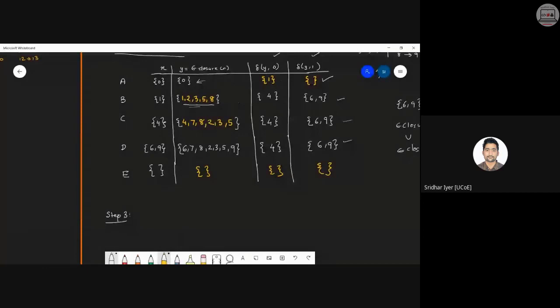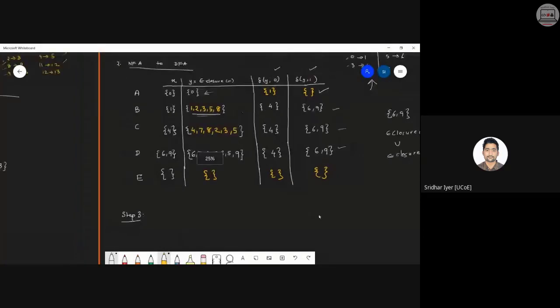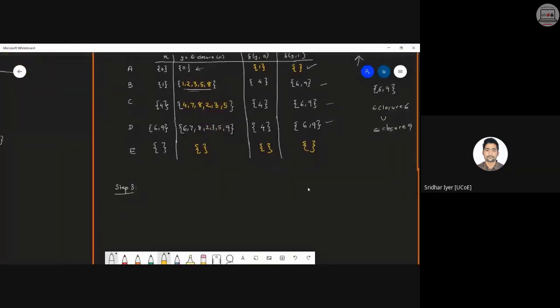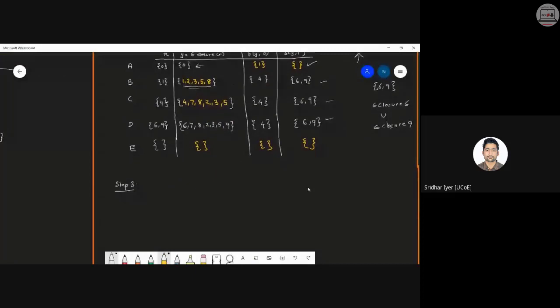I'm simply assigning some characters, or I can say some alphabets, to each of these rows. The inputs are 0 and 1 because we want to convert this into a DFA, so it should look like a DFA. Otherwise, the table we got in step number 2 doesn't look like a DFA. It's very complicated. That's why we are converting this into a DFA.